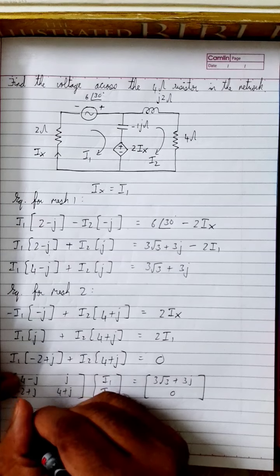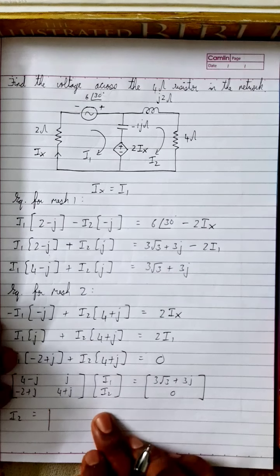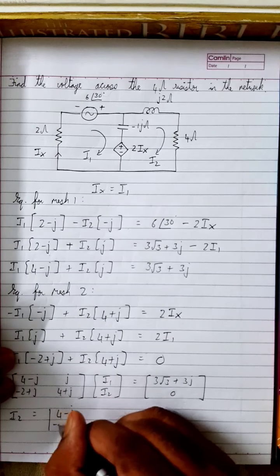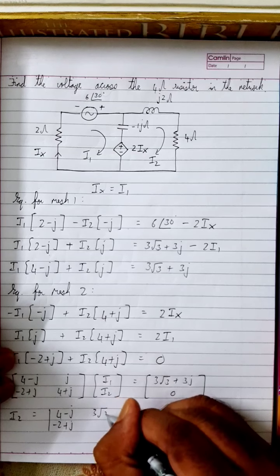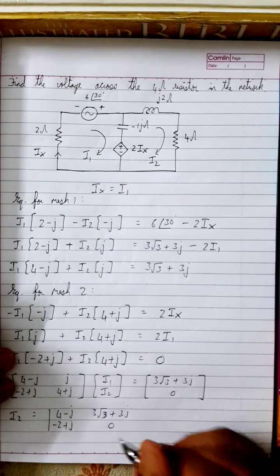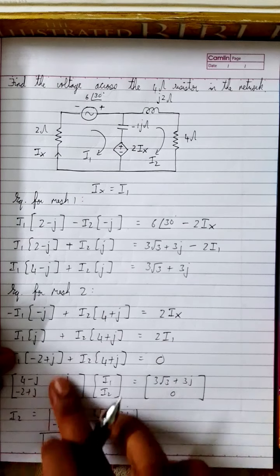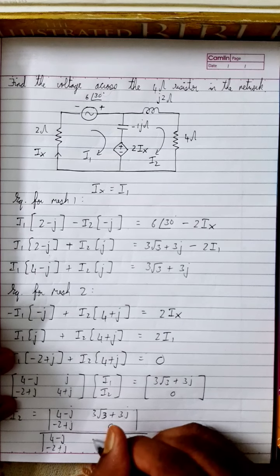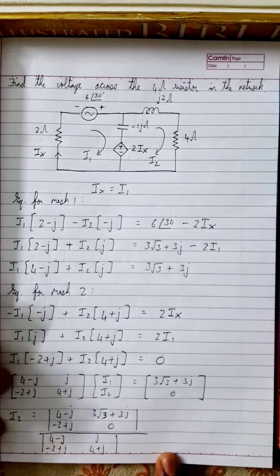So what is I2? I2 is equal to, the numerator determinant, right? This is 4 minus J, minus 2 plus J, and the second column is replaced with 3 root 3 plus 3J and 0, divided by the denominator, which is the coefficient matrix 4 minus J, minus 2 plus J, J and 4 plus J, right?